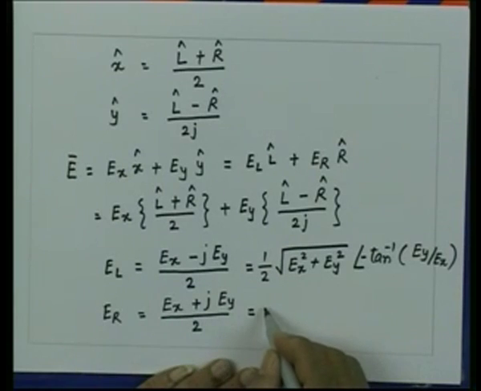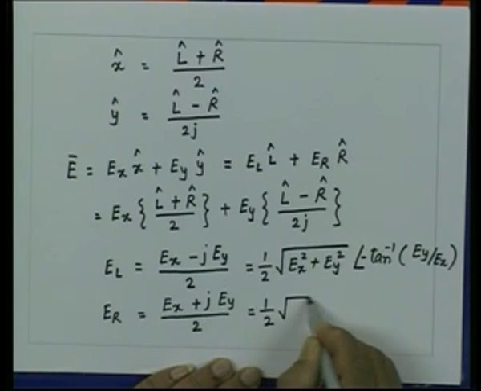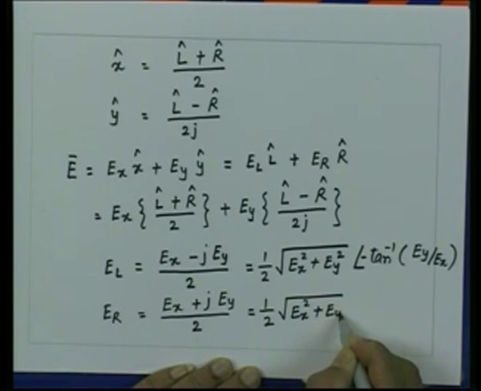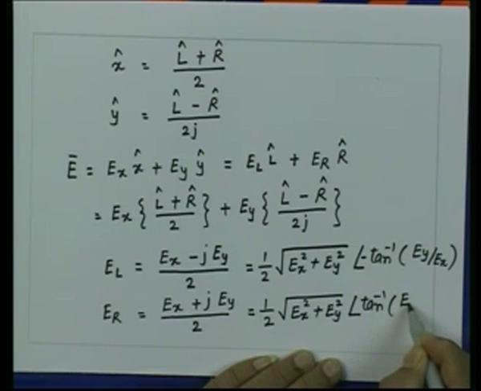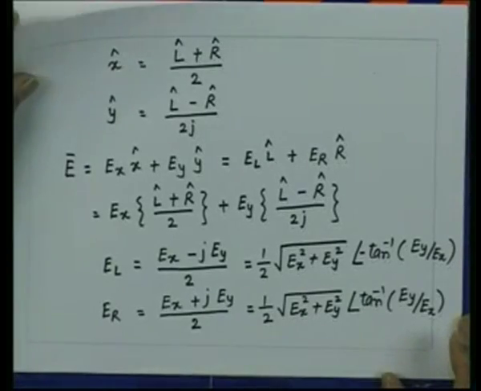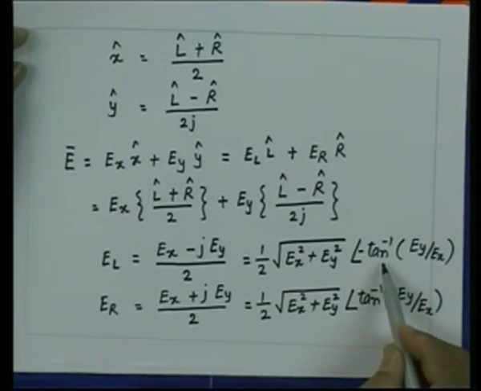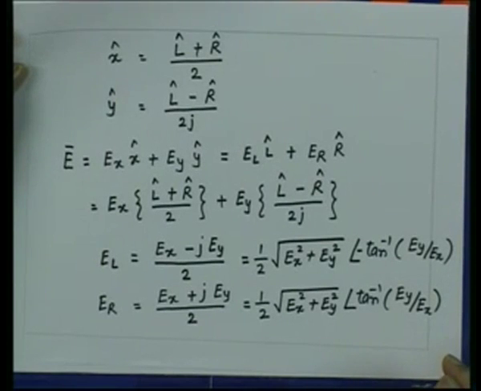Similarly, this amplitude would be half square root of E x square plus E y square, angle tan inverse of E y upon E x. Now, if you note here, tan inverse E y upon E x is the quantity which gives the inclination of the line which the linearly polarized wave draws.